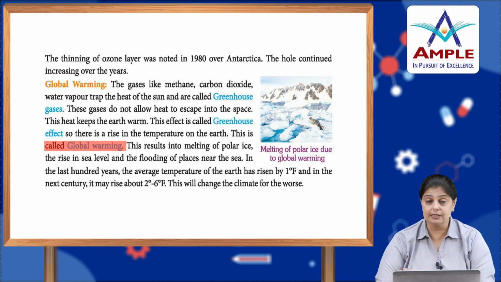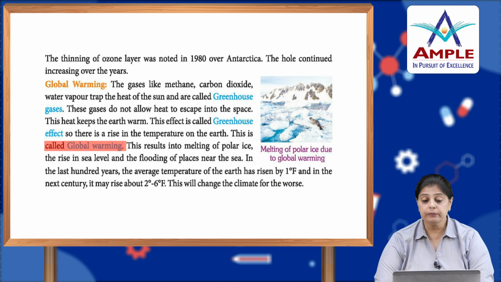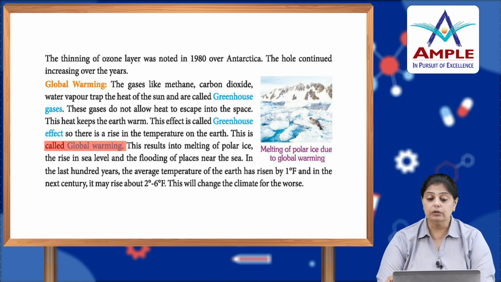Now, these gases do not allow heat to escape into space. So, this heat keeps the earth warm. This effect is called the greenhouse effect, so that there is a rise in the temperature on the earth. This is called global warming.